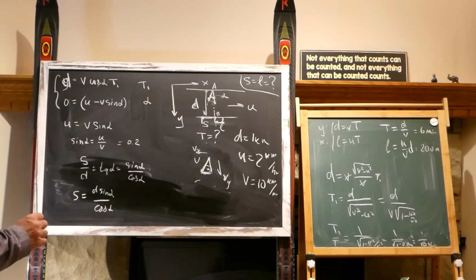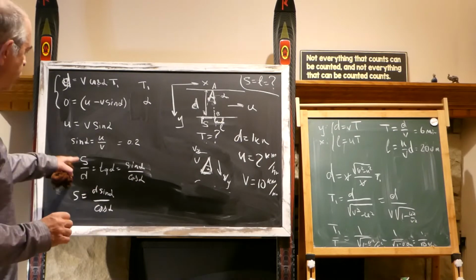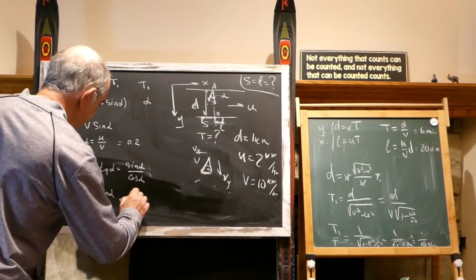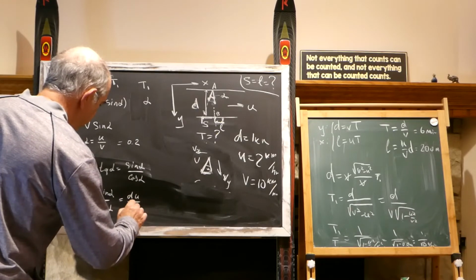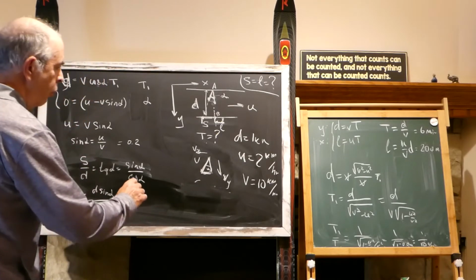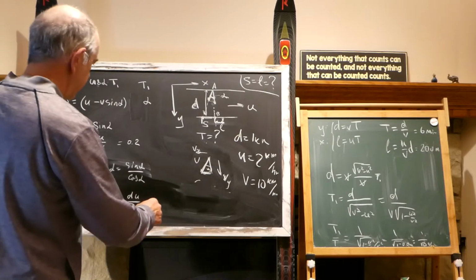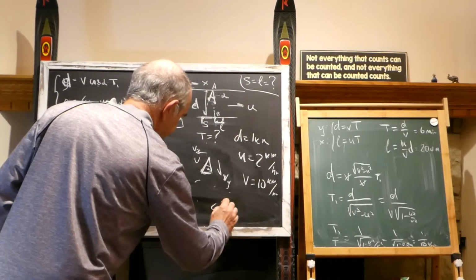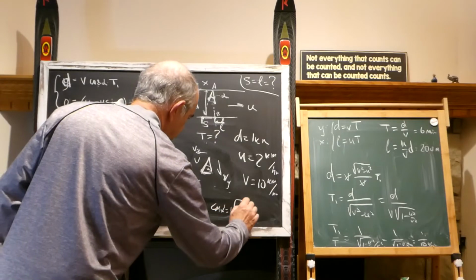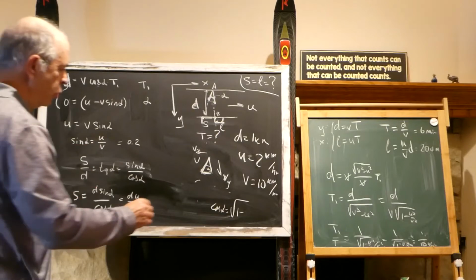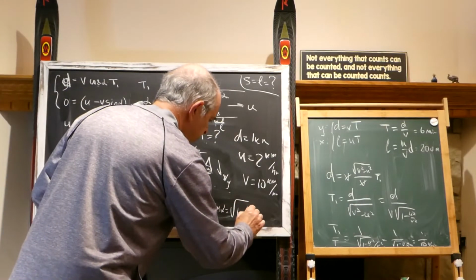And all we have to do is to find that sine alpha is u over v. So we put d u over v, and cosine alpha, we already found it, but I removed it, so let me draw it again. Cosine alpha would be the square root of 1 minus sine squared alpha, so 1 minus u squared over v squared.